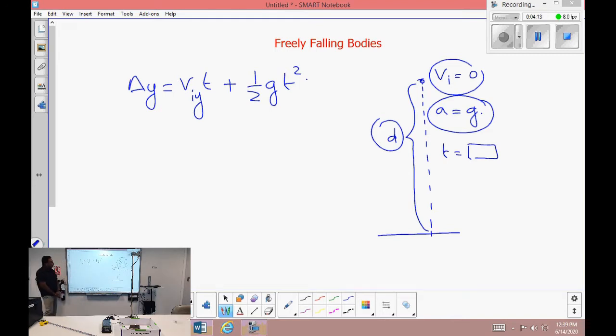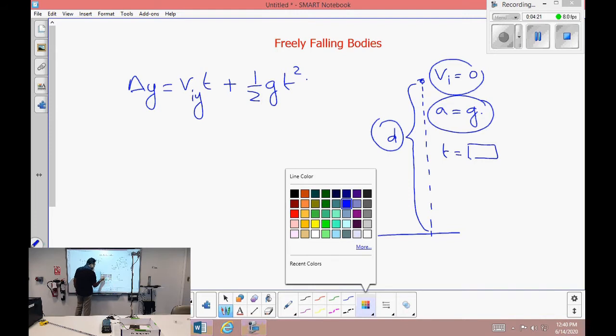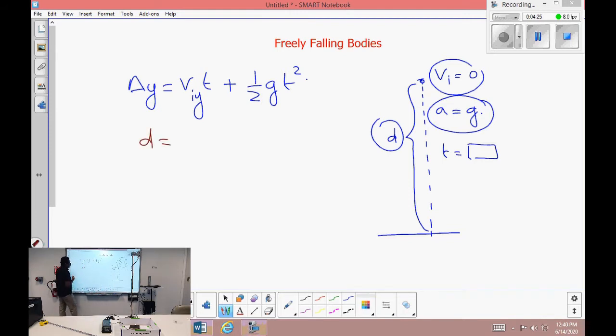In this equation delta y is the distance traveled, so instead of delta y, I place d. And what is the initial velocity in this case? 0. So d is equal to half g t square.